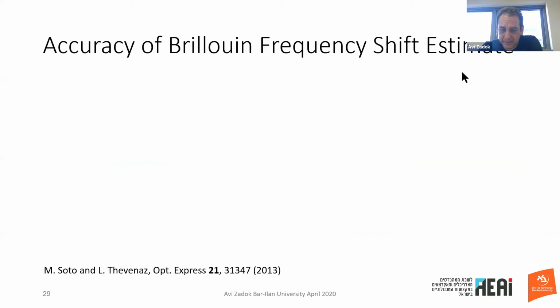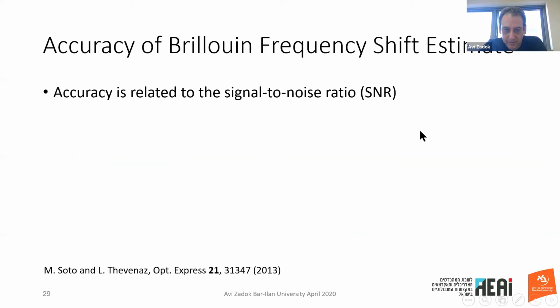What about accuracy? When we measure temperature, when we measure strain, when we measure Brillouin frequency shift, in essence, just how precise is it? So this has to do, like many things in engineering, with signal to noise ratios. The better the SNR, the more precise is the measurement.